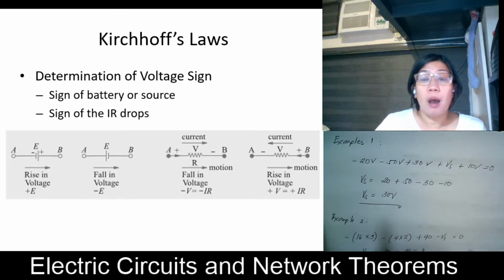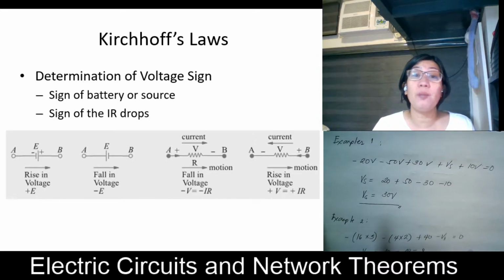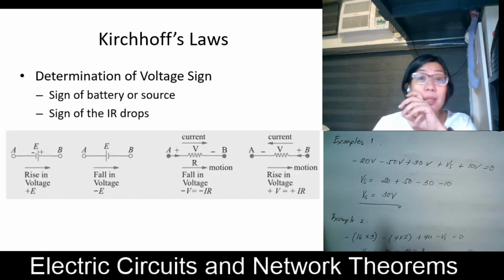The sign of the battery is independent of the direction of the current through the branch. Although the direction of current can be taken from the direction of your battery or your source, it is independent. It has its own polarity.